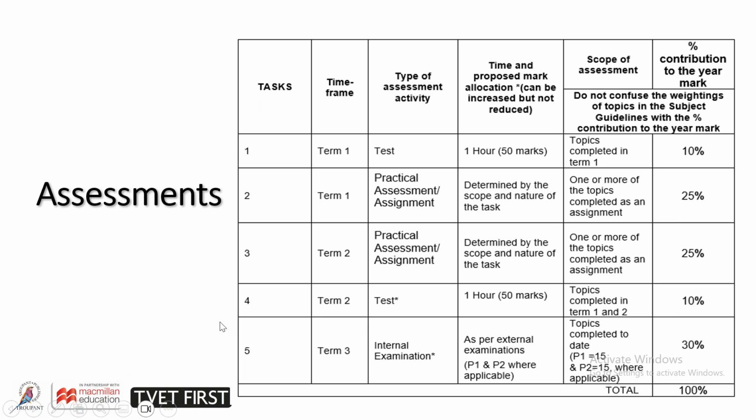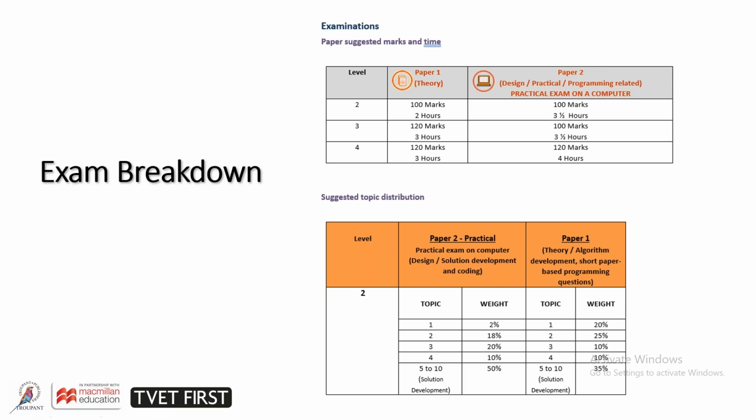So that's in terms of our ICAS tasks that need to be completed for the year. In terms of the examinations, what is not here is the ISAT. Currently the ISAT is a combined ISAT consisting of the programming, the robotics, and the electronics and digital concepts.